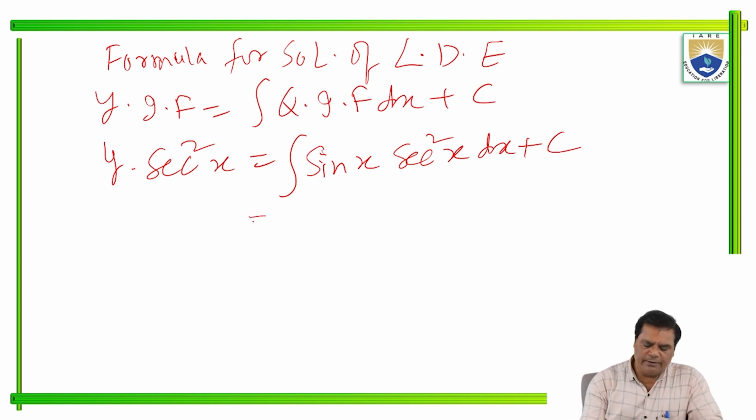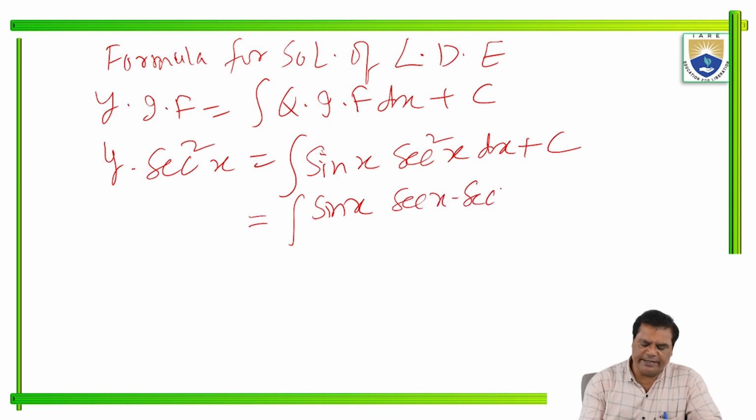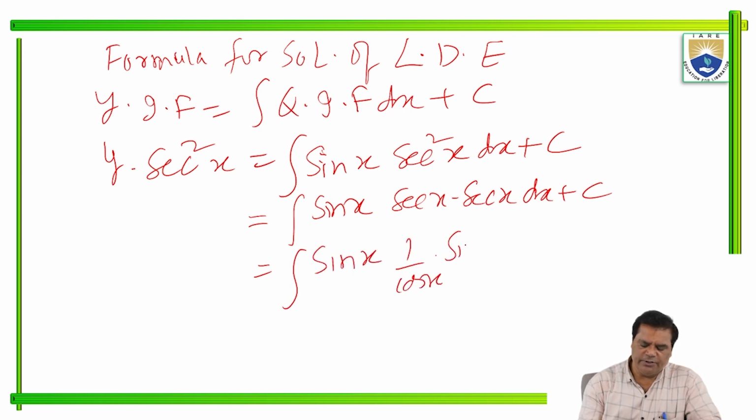Now integrating this term: sin x times sec square x dx. Sin x sec x is 1 upon cos x times sin x, which is tan x, so the integral is tan x sec x dx.